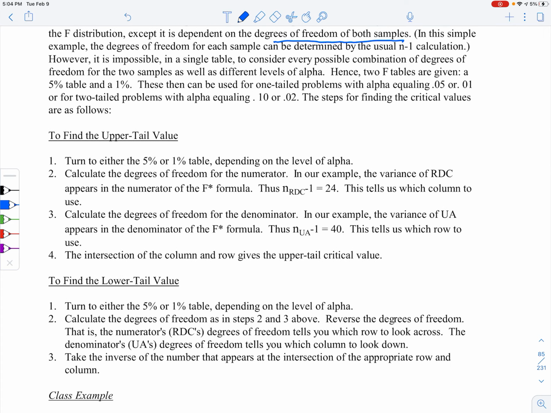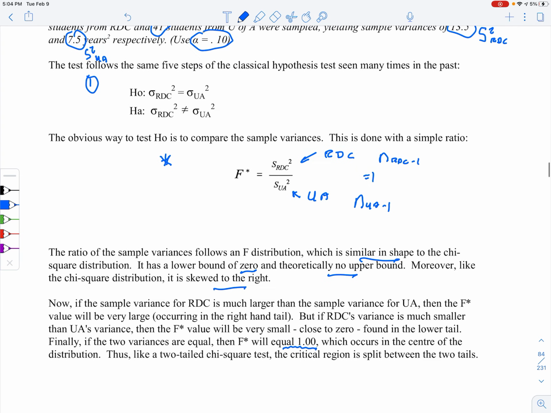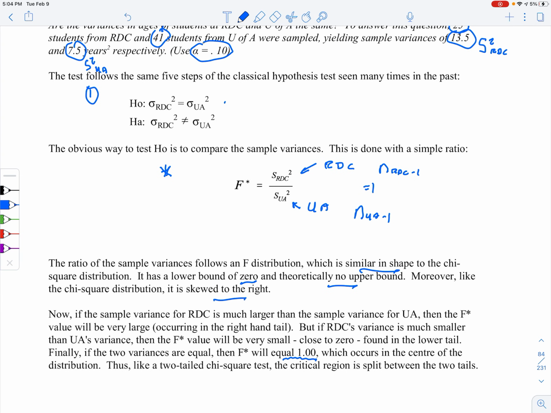To find the upper tail value, if we take a look at this particular example, you'll see that this is a two-sided test. So to calculate a critical value, we would have something that looks like this.